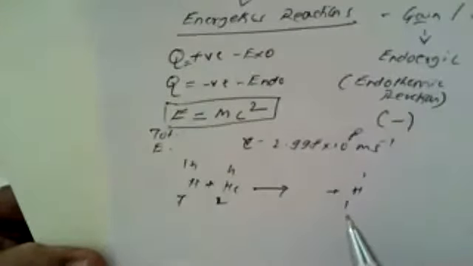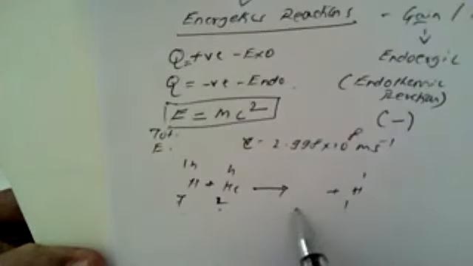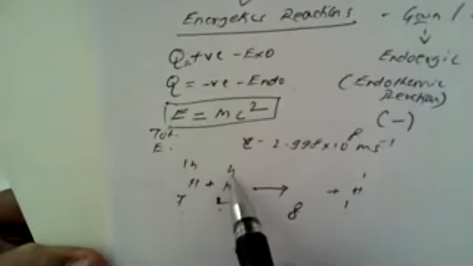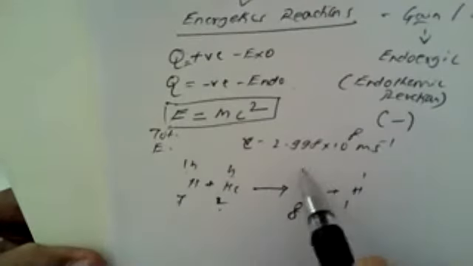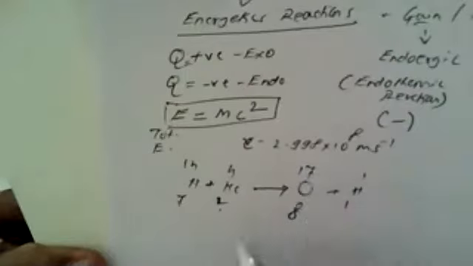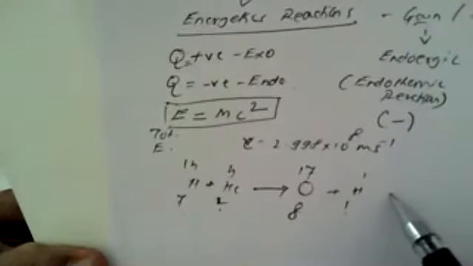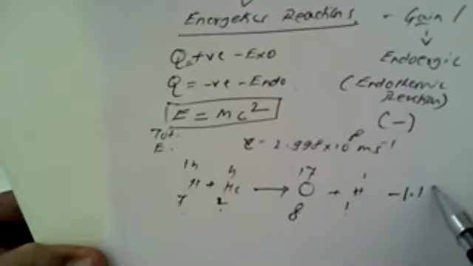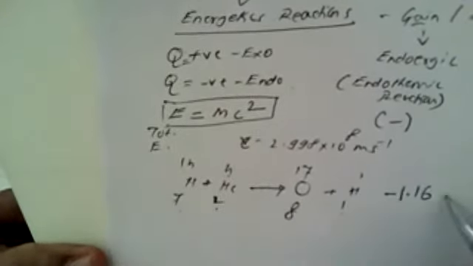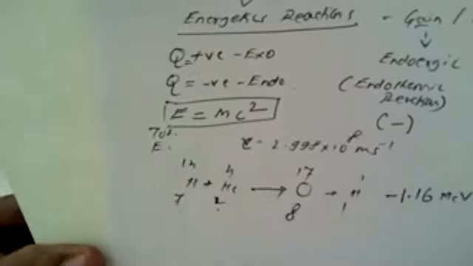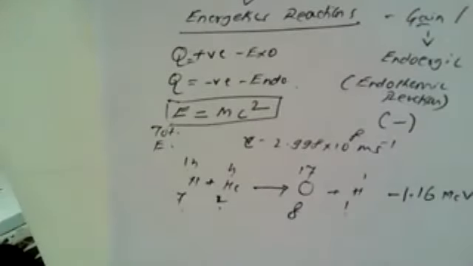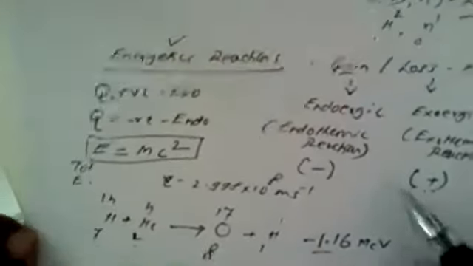It is very simple. 7 plus 2 is 9, minus 1 is 8. 14 plus 4 is 18, minus 1 is 17. Atom number 8 is oxygen. This particular nuclear reaction is accompanied by a gain in energy, that is 1.16 milli electron volts. So this is how we can calculate the energy of this reaction.